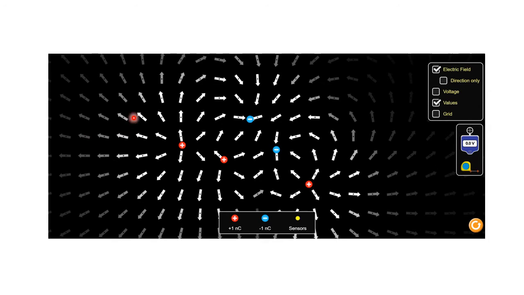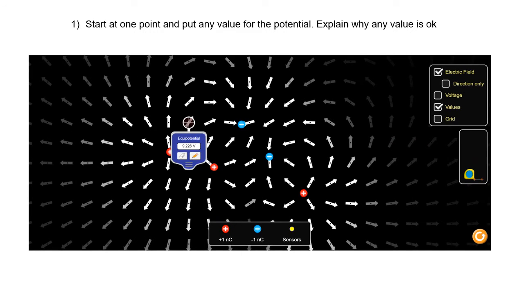So what we want is, we know the electric field everywhere, and we want to get the potential everywhere. So we have to start at some point. The idea is we can start at any point, so let's just take any arbitrary point. And we need to assign to that particular point a value of potential. And remember, in the previous files we mentioned that if you add a constant to the potential everywhere in space, it doesn't make a difference.